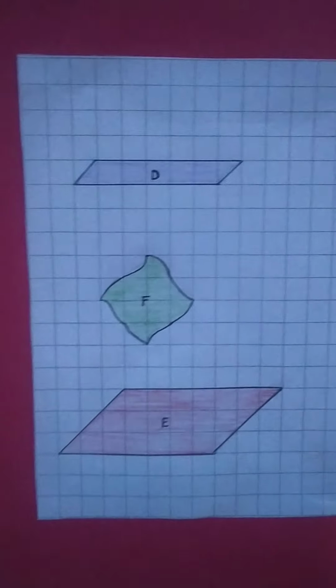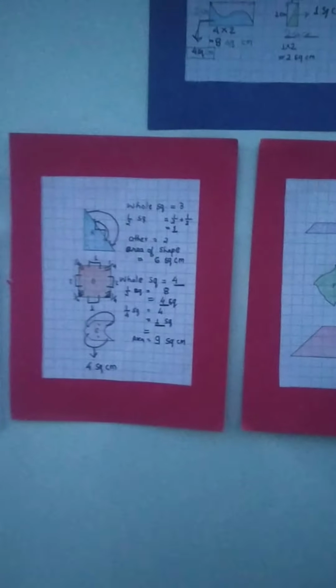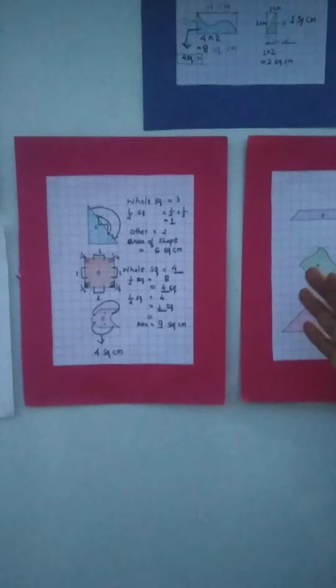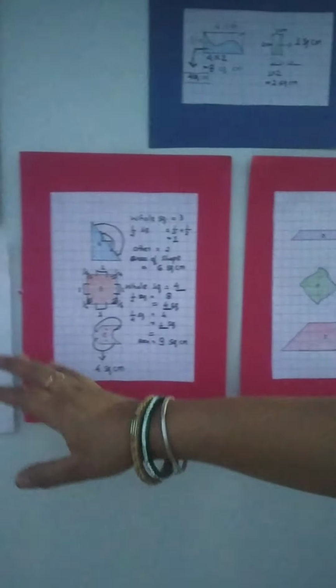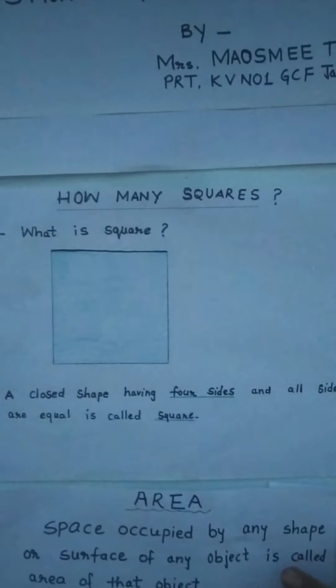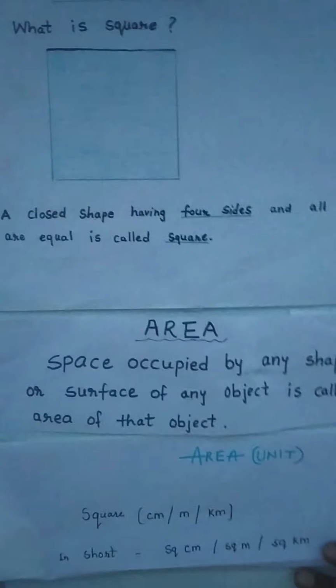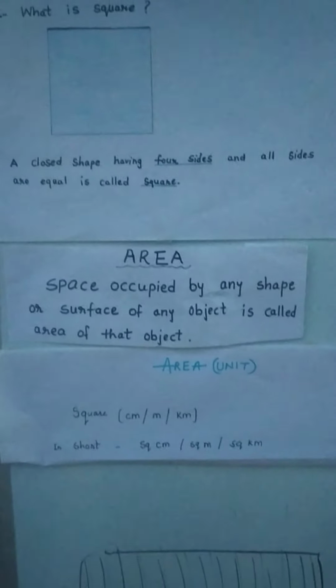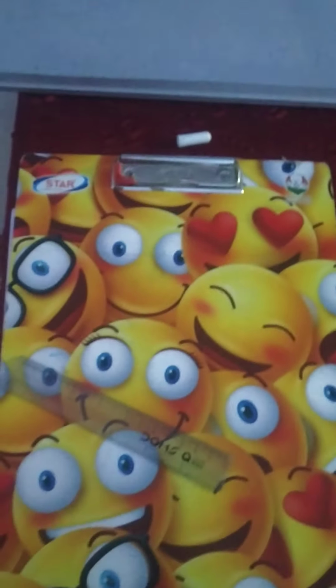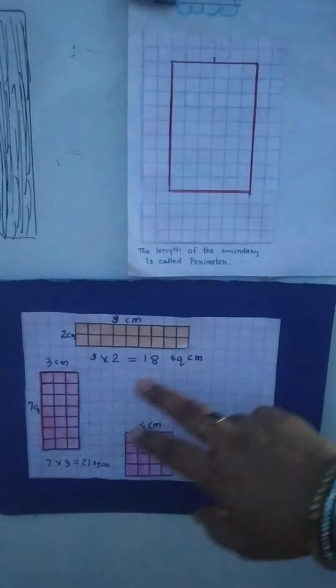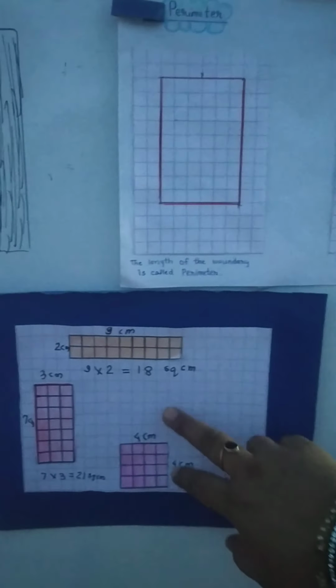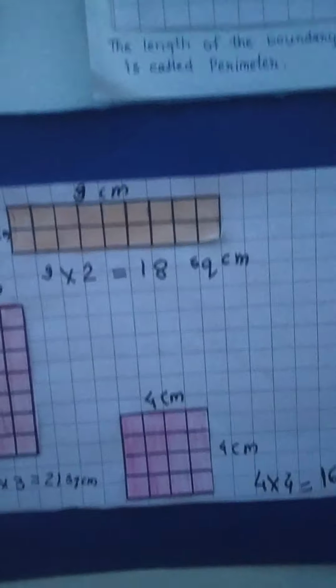Okay, children, I think it is very clear to you how we can calculate the area of the given shapes by counting the squares. Let's revise. First, we defined area and the unit of the area. After that, we gave some examples of clipboard, scrapbook and other things, and then we calculated this. This is the method: how can we calculate the area of the given shapes by counting the squares.